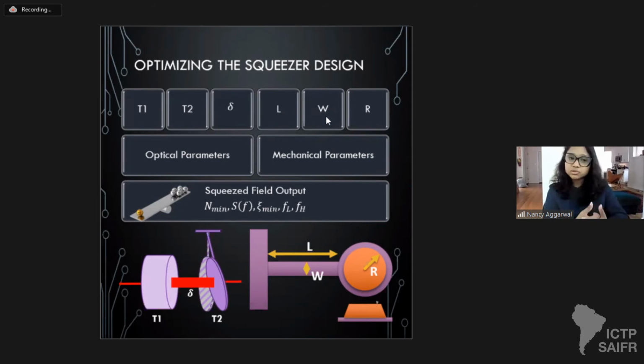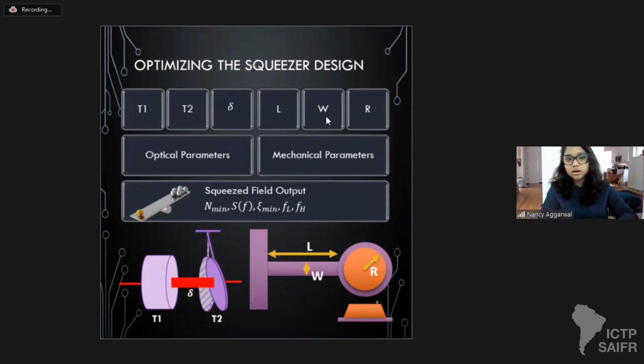I don't have the time to go into the entire optimization today, but I'll just give you a teaser that, for example, we learned from this optimization that high finesse is not always a good thing for these experiments. So you might want to lower the finesse, and that's what we ended up doing indeed. To build a squeezer, we lowered our finesse from our previous experiments.